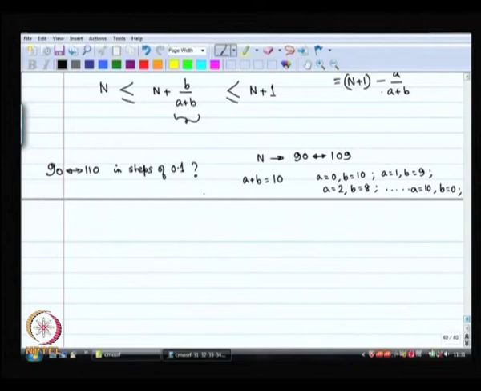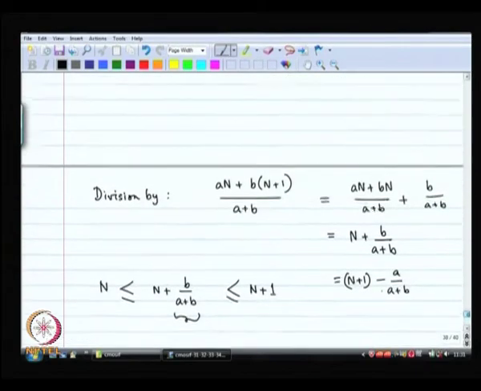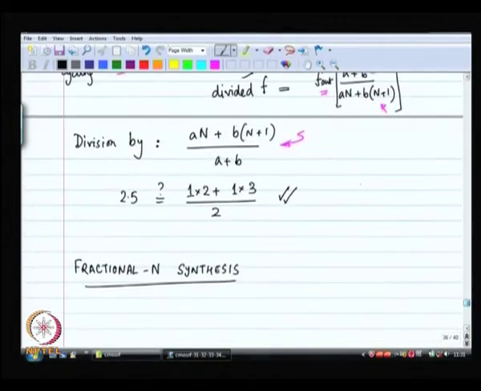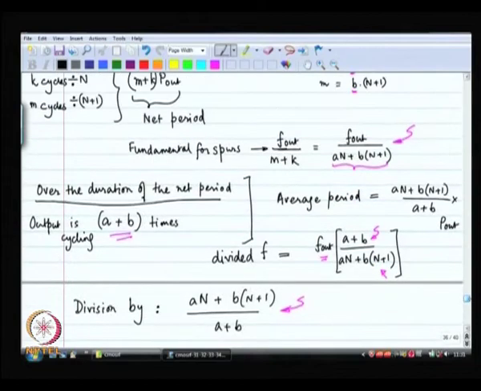Before that, a plus b is now equal to 10. What does that mean as far as the net period is concerned? I am calling something the net period. What was the net period? That is going to give me the fundamental frequency for the spurs. Okay.